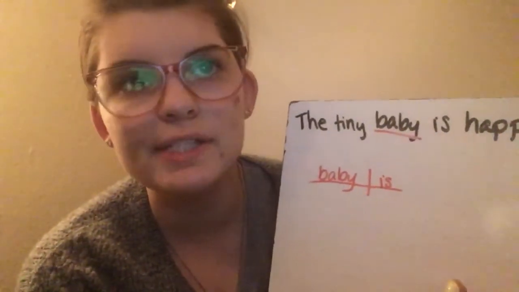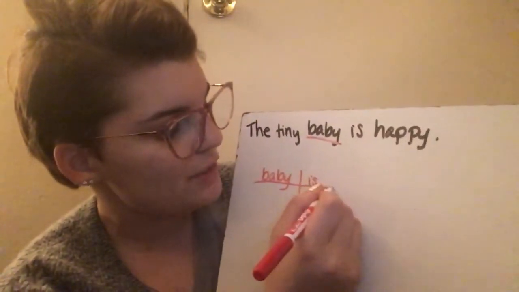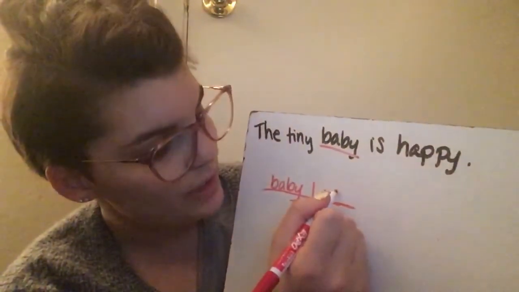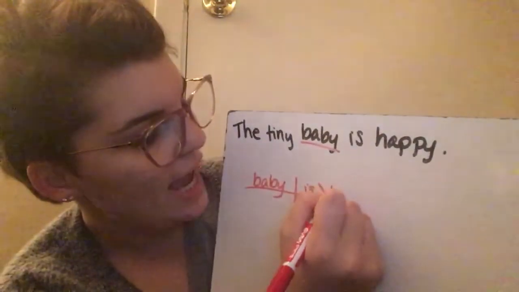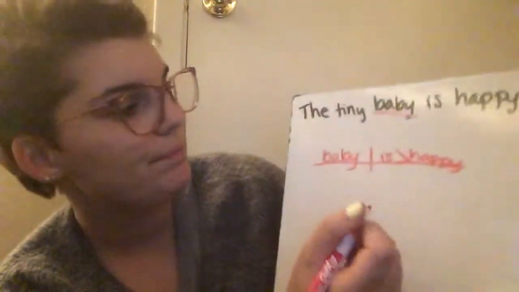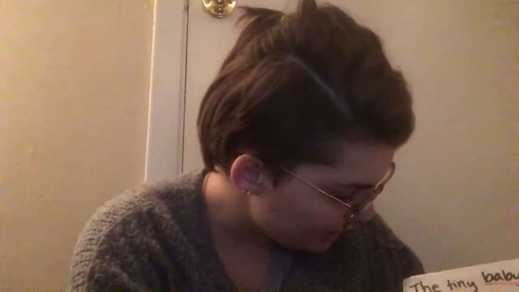All of these verbs in here are going to be linking verbs, all right? So all of these linking verbs, the way that you write this is instead of a line, you're going to do a slash like this. So it's going to be slash and then happy, because what is the baby? The baby is happy. But we're missing 2 other words. We're missing the tiny. So these are going to be 2 separate lines.